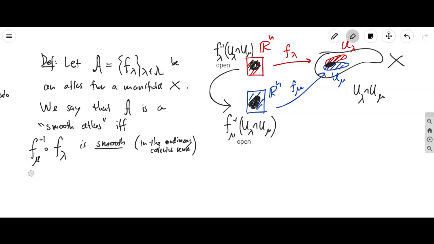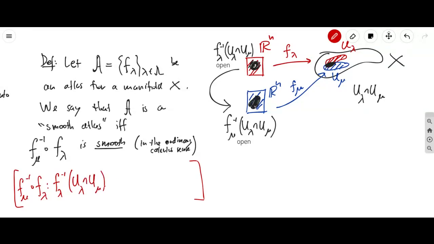But let's say you know what this means. I'm just going to write this. If you want to be more complicated, and we do not want to be more complicated, you would write F mu inverse composed F lambda, and this is a map from F lambda inverse of U lambda intersect U mu into F mu inverse of U lambda intersect U mu.